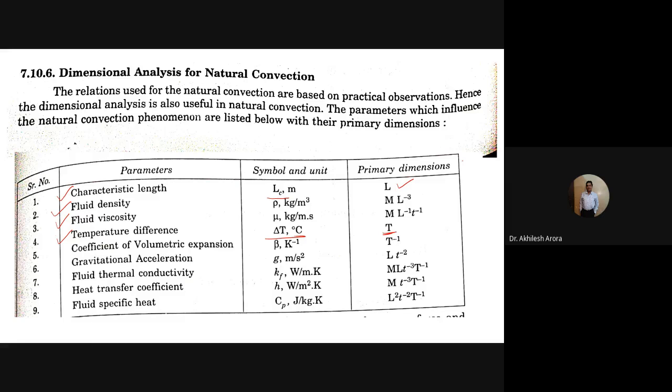Then the coefficient of volumetric expansion, beta, with dimension T raised to power -1, because beta is equal to 1 by T, 1 by temperature. Gravitational acceleration g, fluid thermal conductivity, heat transfer coefficient, and fluid specific heat. So you need to remember these parameters, and these are the dimensions here. You can always define them.